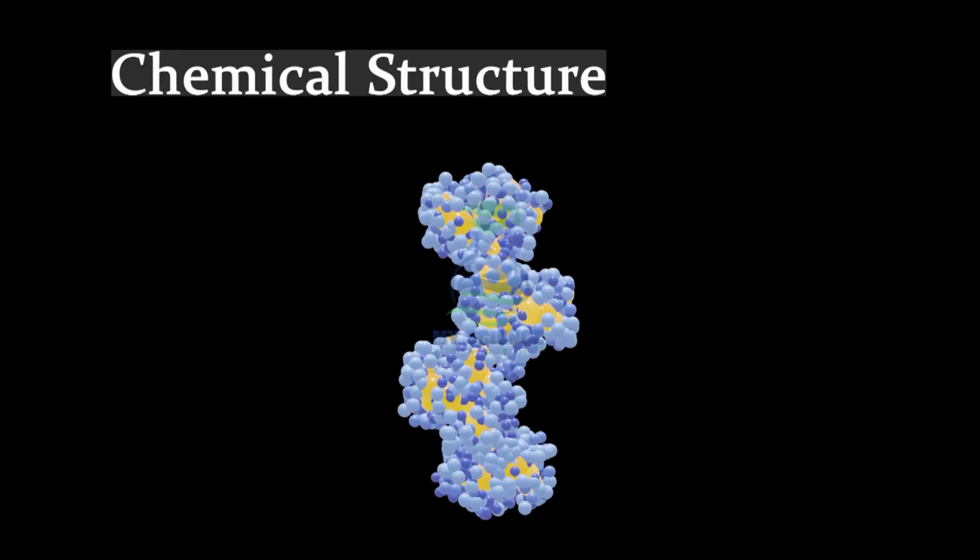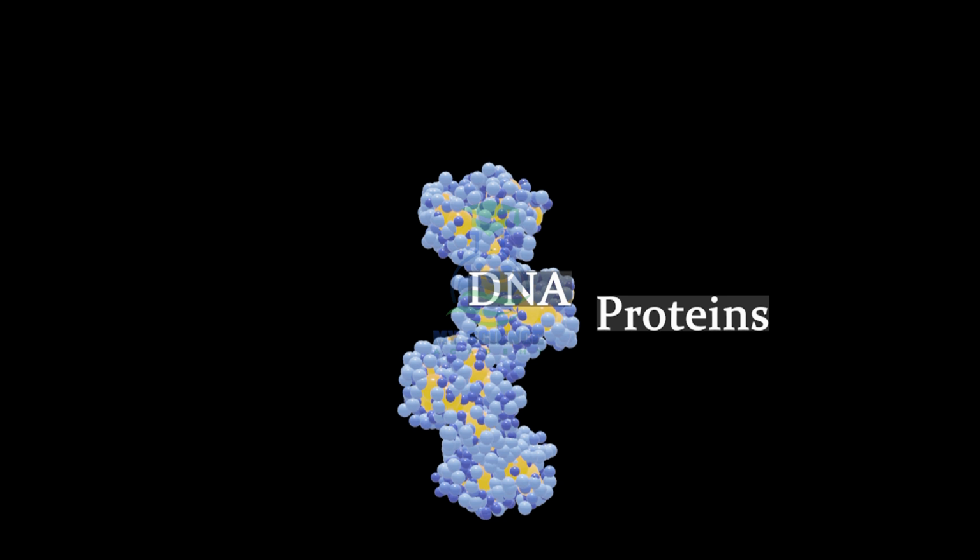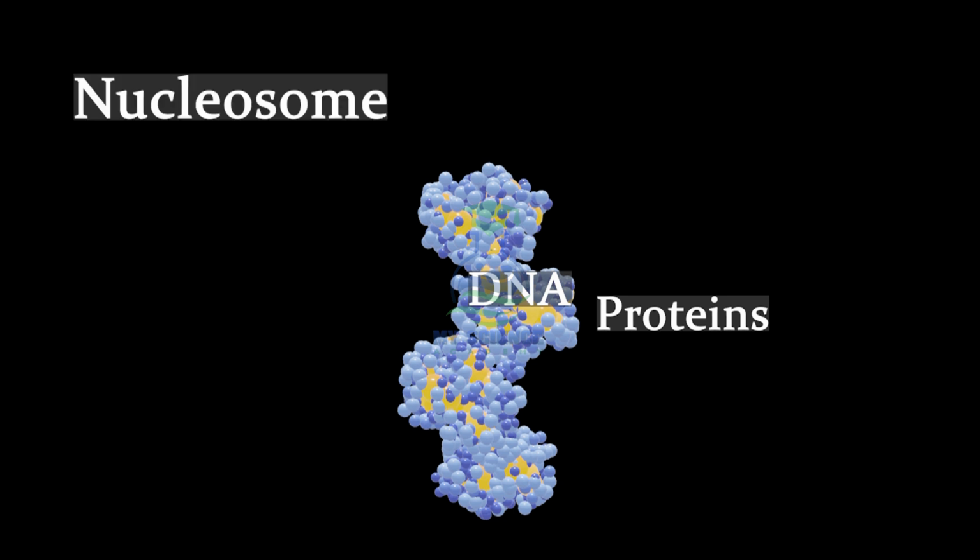If we talk about the chemical structure of a chromosome, it is composed of DNA that is wrapped around proteins. Here this structure is known as a nucleosome.